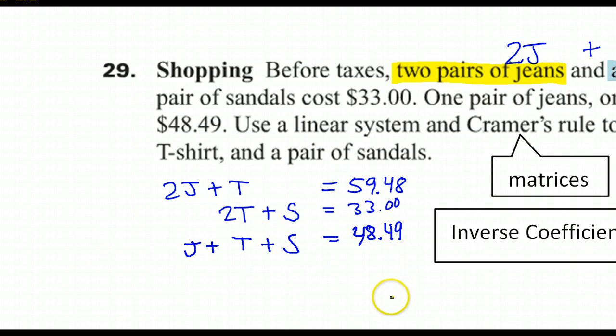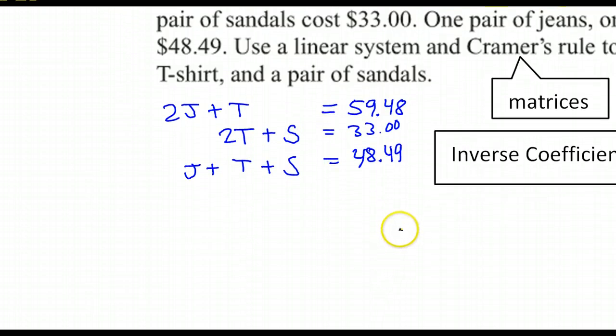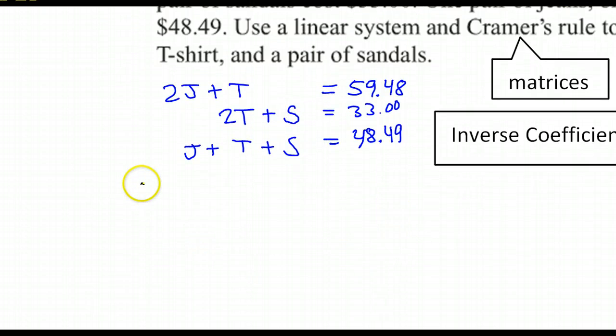We are going to use matrices to solve this. All right, I'll just do a couple more steps here. Remember to use zeros for your missing variables. So the matrix equation would look a lot like this. All right, first we're going to have a 3 by 3 matrix. That's like 2, 1 for the T there, and then 0.